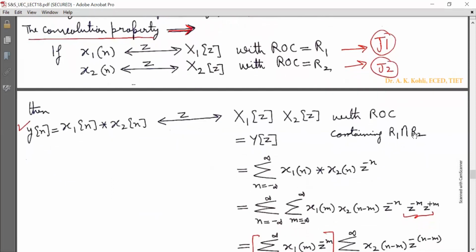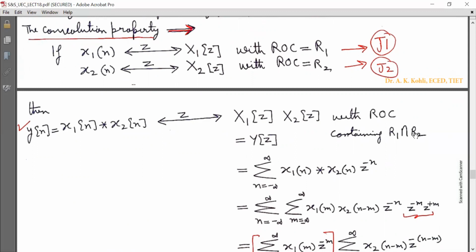Next is the convolution property. If x1[n] has Z transform X1(z) with ROC equal to R1, and x2[n] has Z transform X2(z) with ROC equal to R2, then what about the signal y[n] equal to x1[n] linearly convolved with x2[n]?